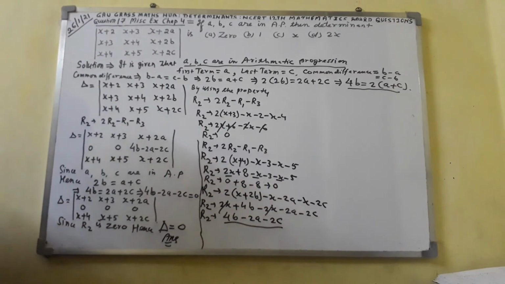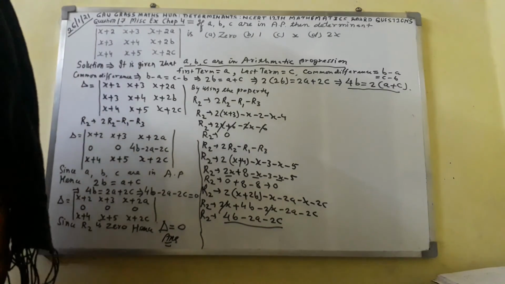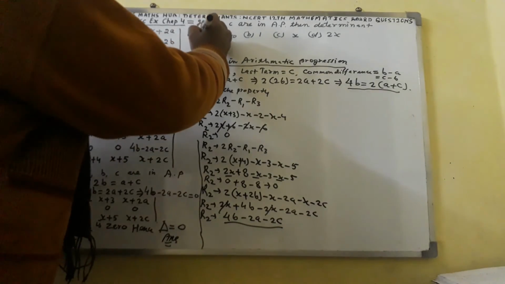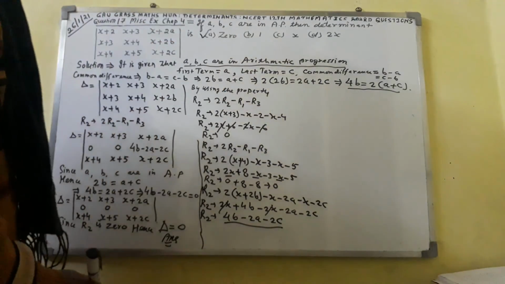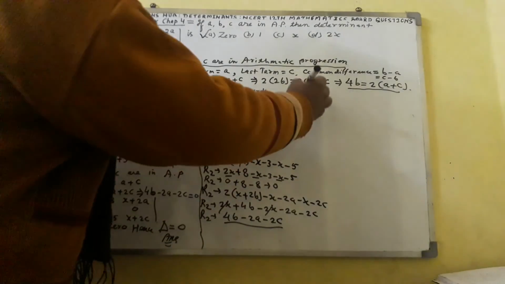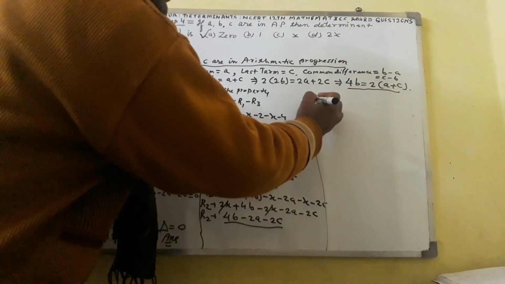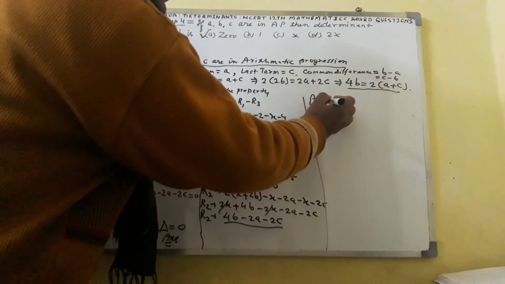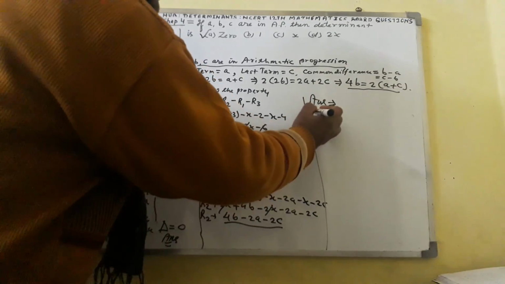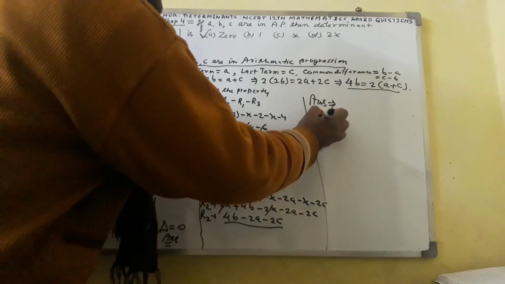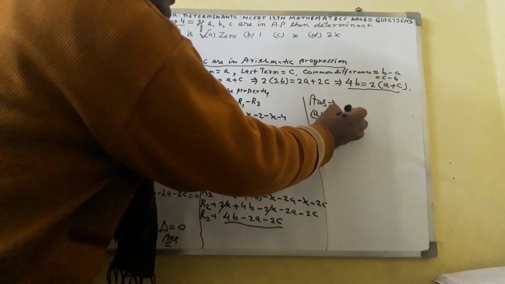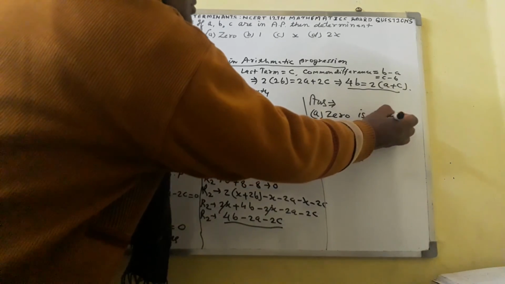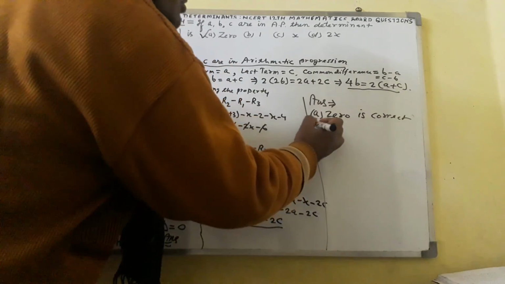Delta equal to 0. Which option is correct? Option A. Option A is correct here. So here I shall write answer: implied that A, 0, is the correct answer.